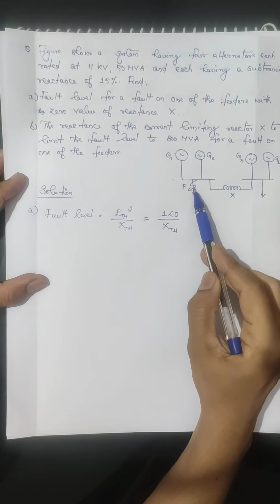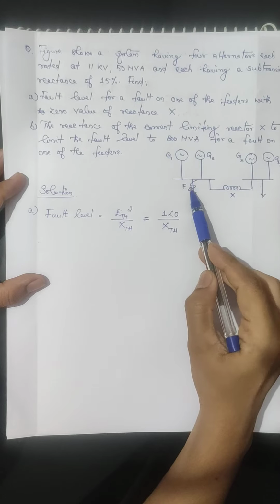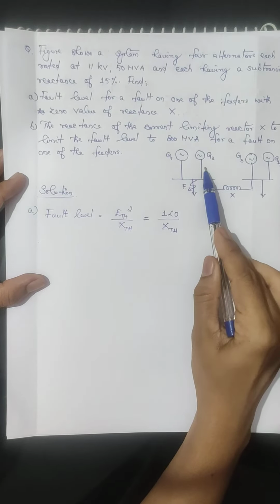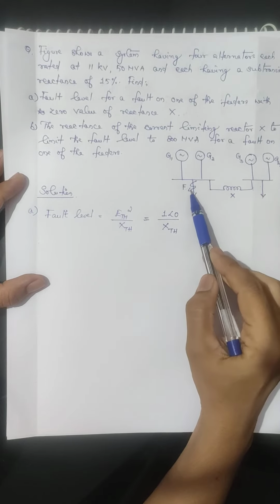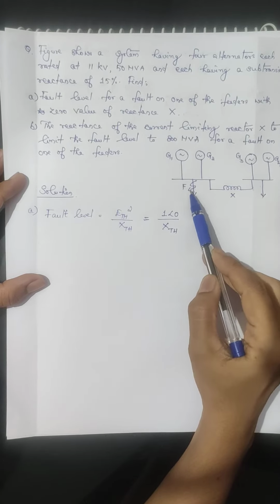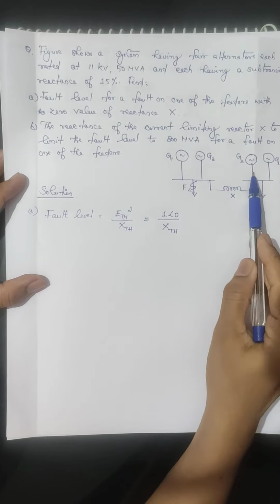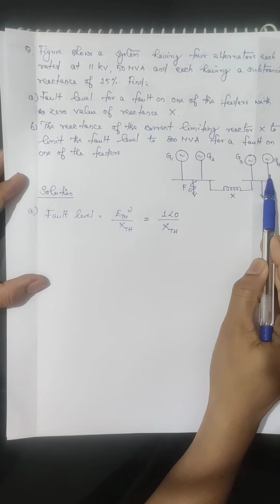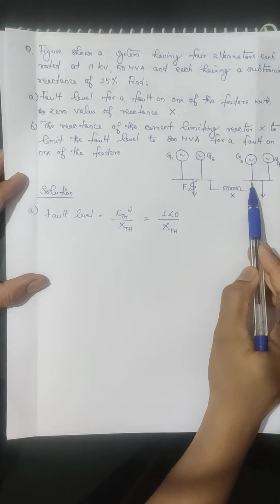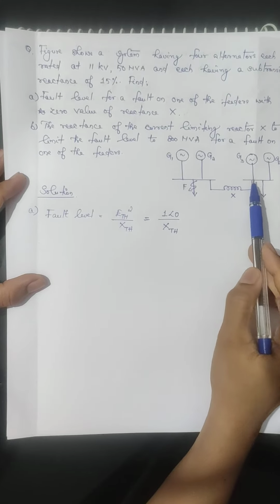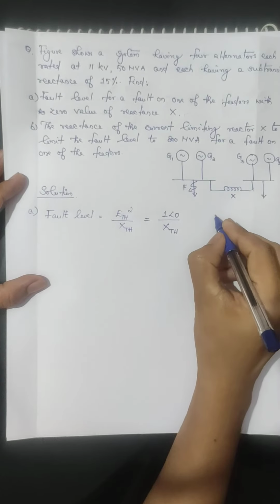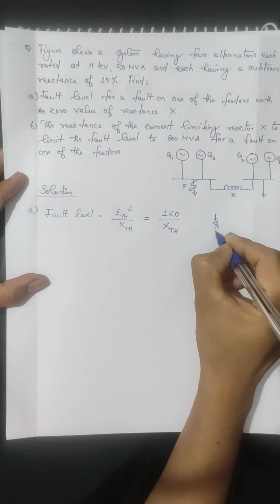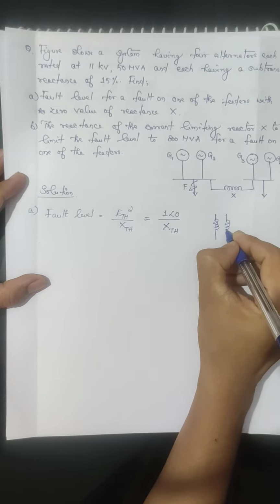If we look from this fault point, we can see 4 generators G1, G2, G3 and G4 connected in parallel, because this reactance has 0 value. So we can draw the reactance diagram like 4 generators connected in parallel.